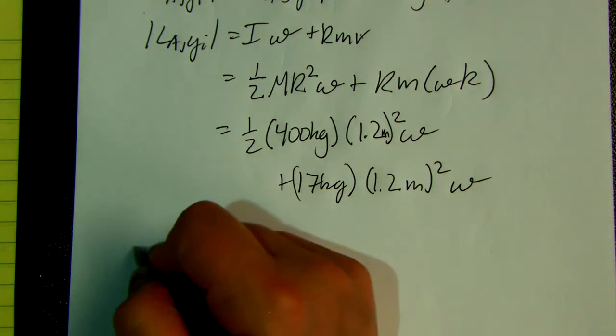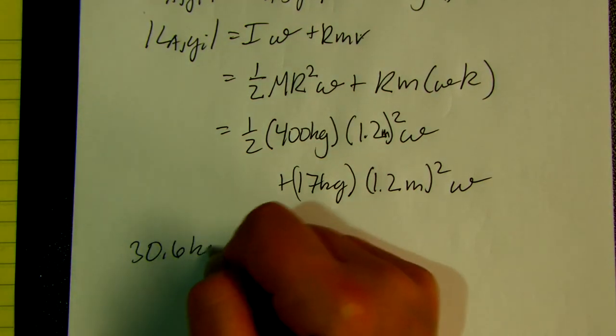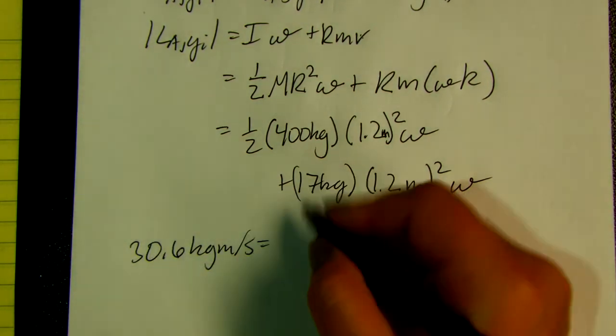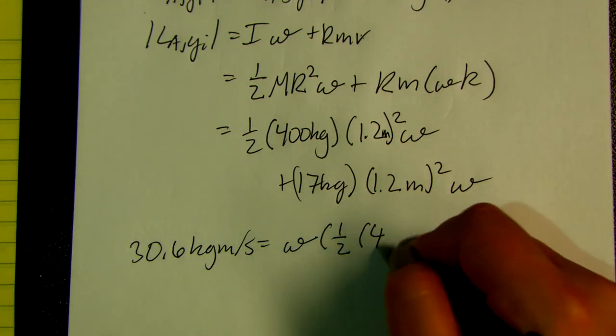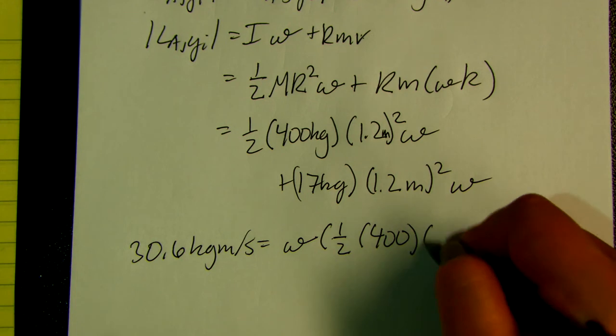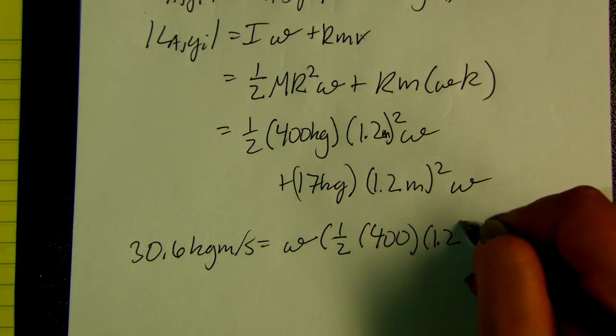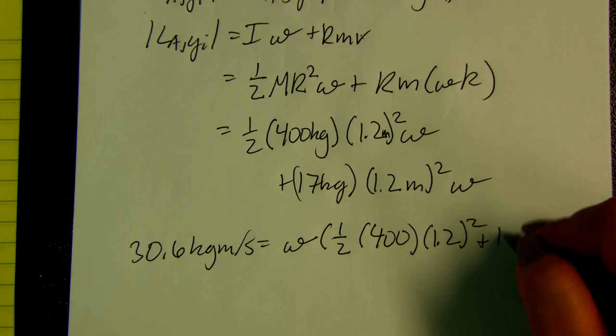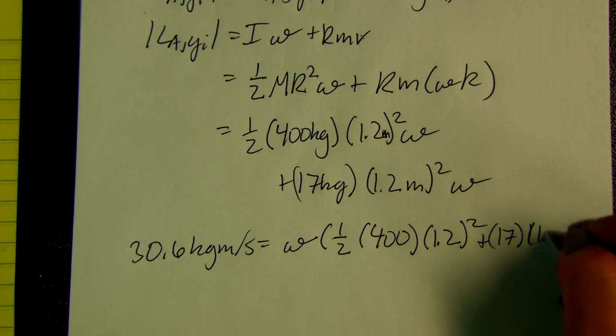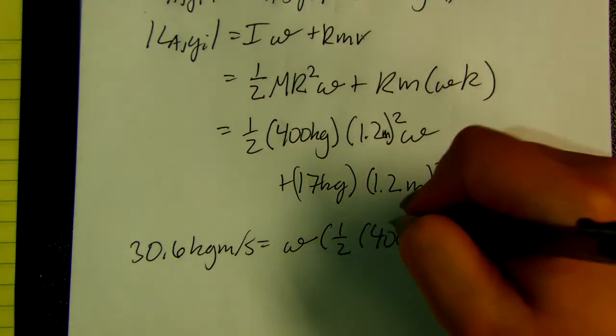And so we have 30.6 kilogram meters per second is equal to omega times 1/2 times 400 times 1.2 squared plus 17 times 1.2 quantity squared.